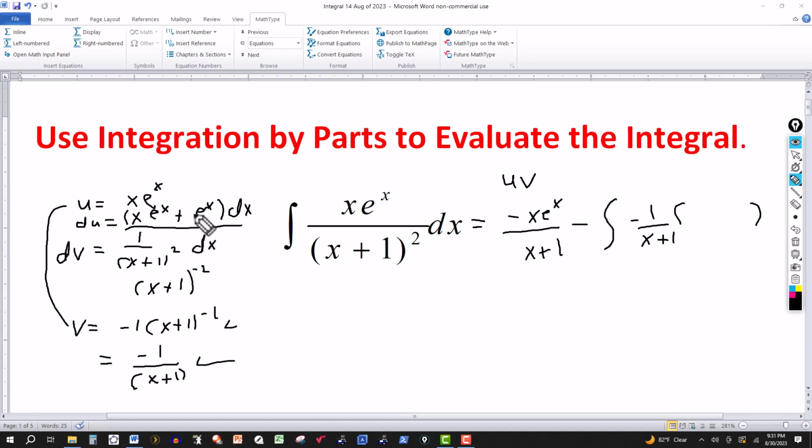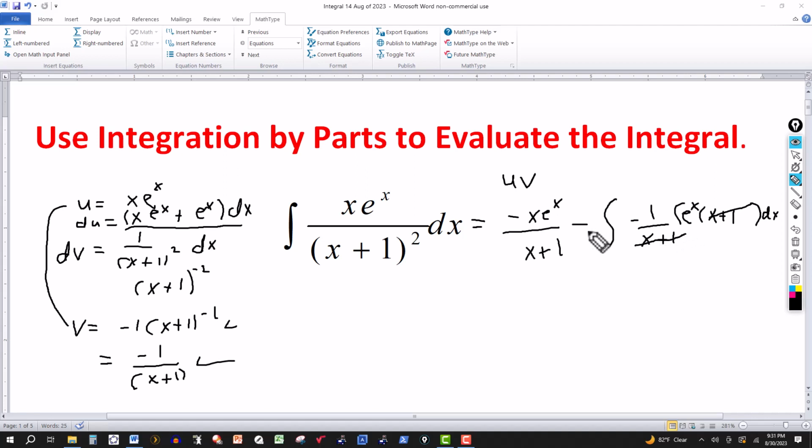Looking ahead here, I'm going to factor an e to the x out of this. So it's going to be e to the x, taking out the e to the x, leaving x plus 1. And then I got the dx over here.